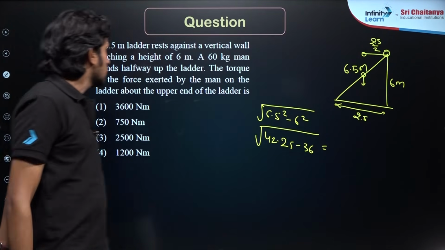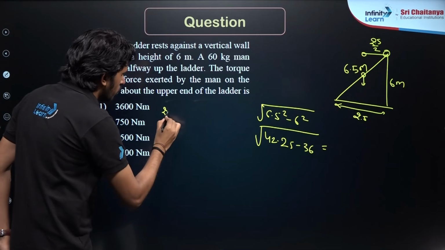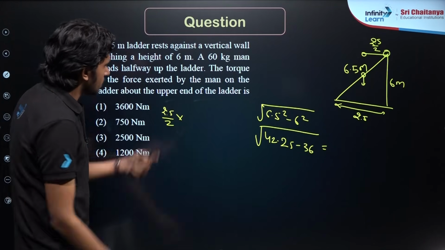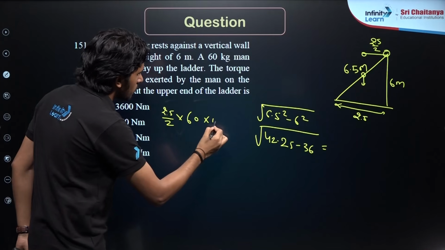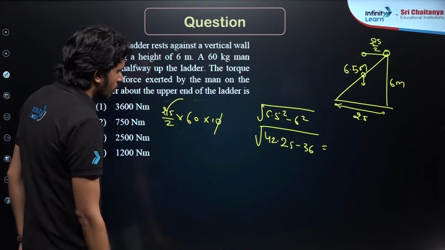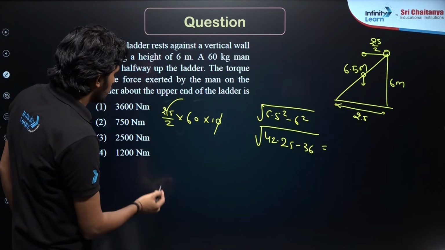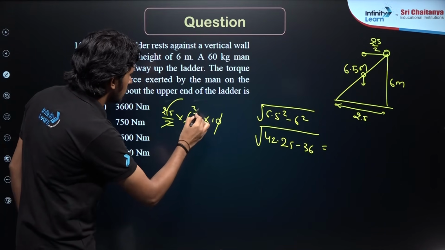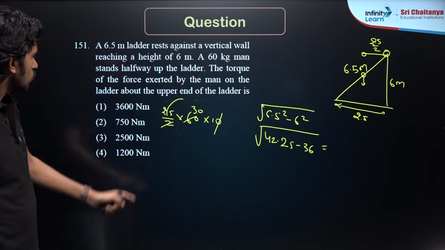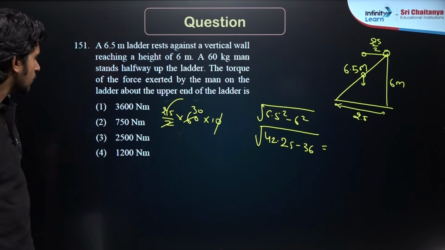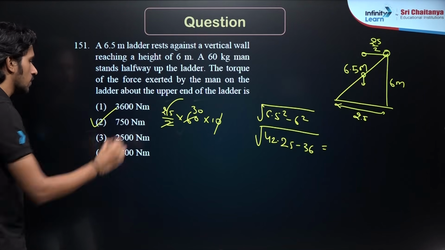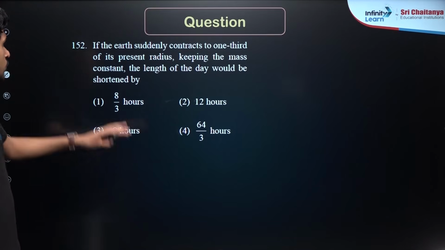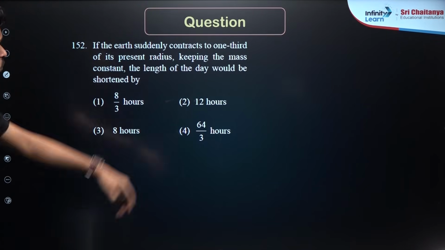R cross F, so 2.5 by 2, and then F is mg, mass 60 into 10. So 25 3s are 75, 750 Newton meter. B, got it?